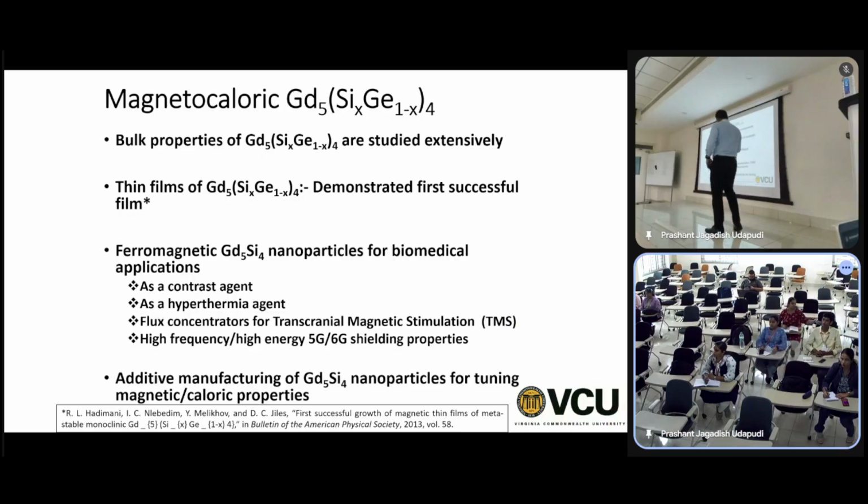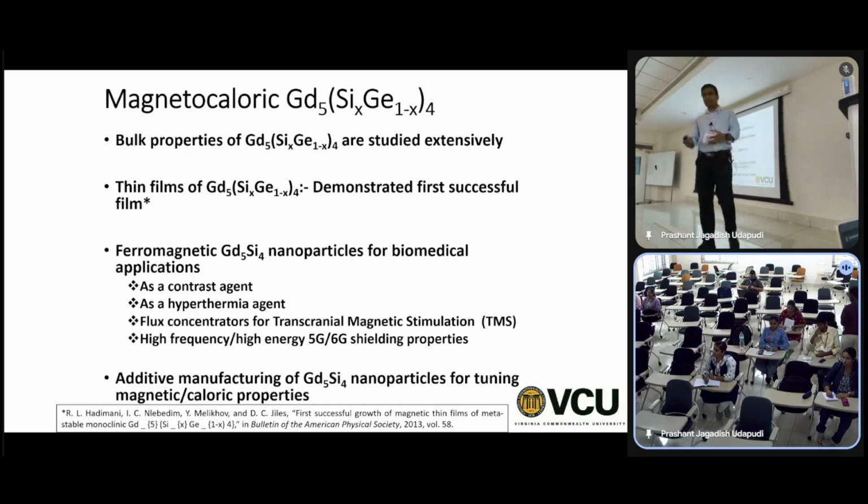So we have studied the bulk materials quite well of this one such functional material, which is the magnetocaloric material. We have also deposited thin films. Thin films is kind of additive manufacturing, but at a nano level, right? So we have done that. And now we have also done nanoparticles of it.